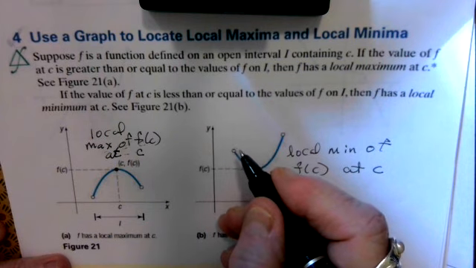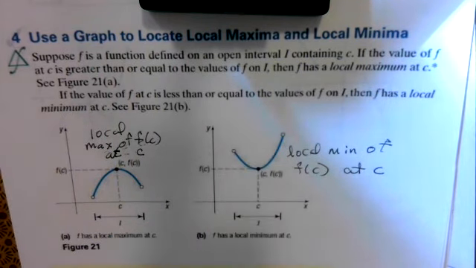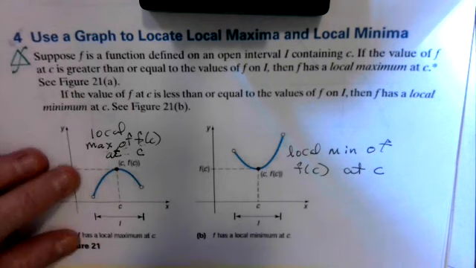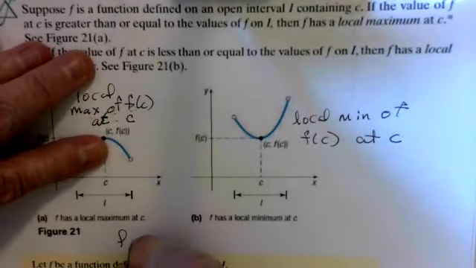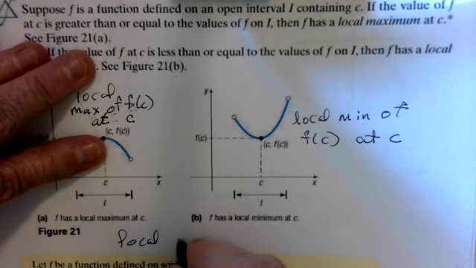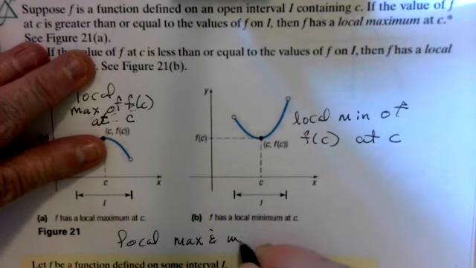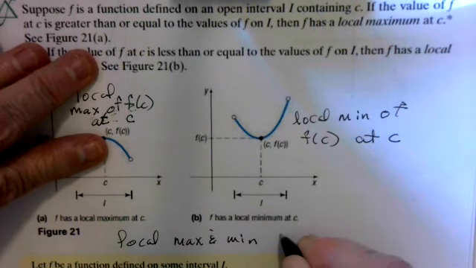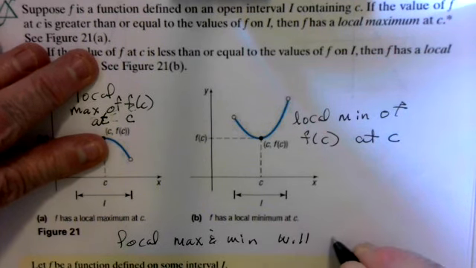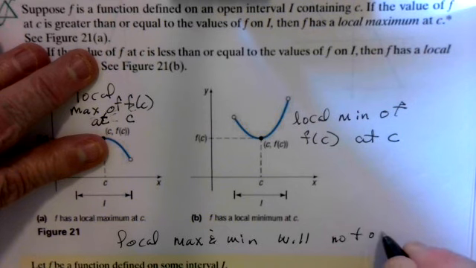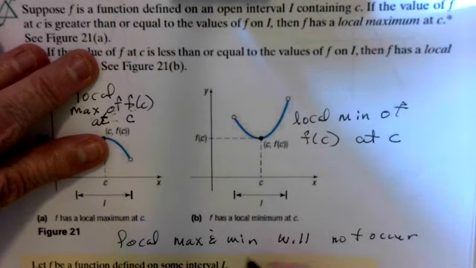Plus that point isn't even on the graph because it's got an open circle. So that's one thing to remember, that local max and min will not occur at the endpoints.